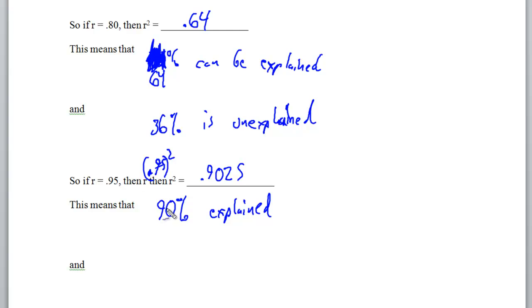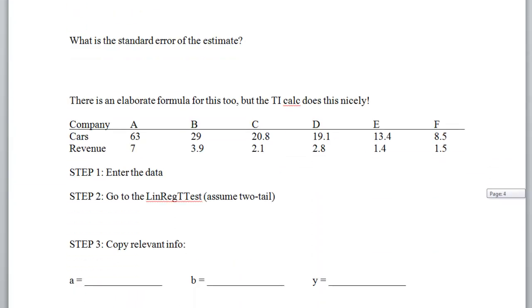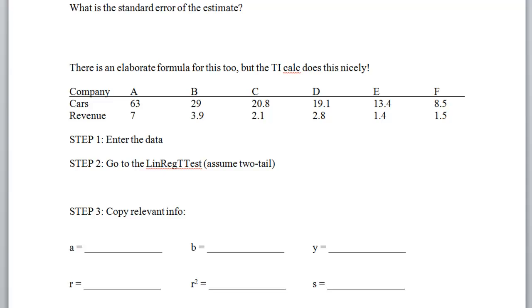Well, great. 90% of it is because of the drug, and 10% is unexplained, which is kind of scary if you think about the idea that we may never get an R value of 100%. So there's always going to be some unexplained lurking variables, especially when we talk about human behavior and the way people think. So psychologists and pollsters and business people, you've got your work cut out for you.